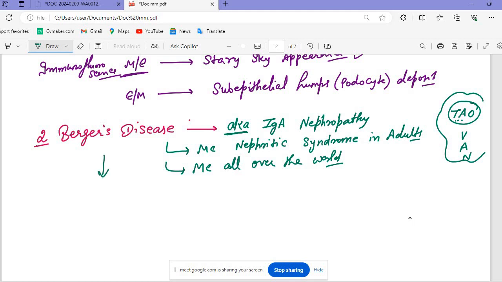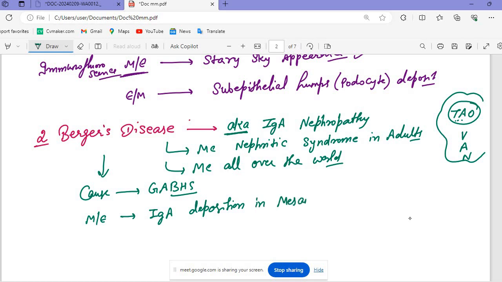What is the cause of it? Again, group A beta hemolytic streptococcus. What happens in this condition? Microscopically, there is IgA deposition in the mesangium. What is the mesangium? We have the glomerulus, and between the glomerular capillaries we have some cells known as mesangial cells.